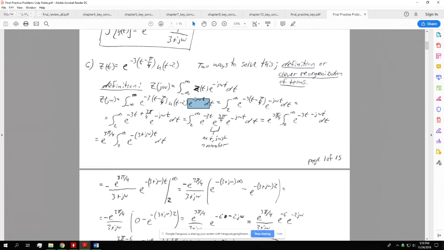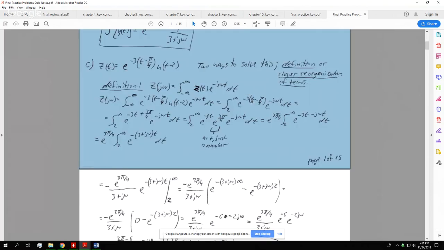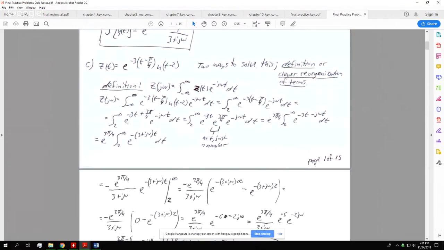Then I'm going to be using the exponent properties. When you have an exponent that has some summation like this, you can split them apart or put them together as needed, depending on your purposes. So the first step I did was distribute this -3 to both these terms, this t and this minus pi over 4. So that's here. And then it was more apparent that I can split this exponent into multiple terms, which I've done here.